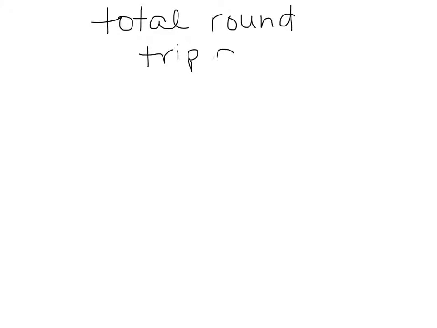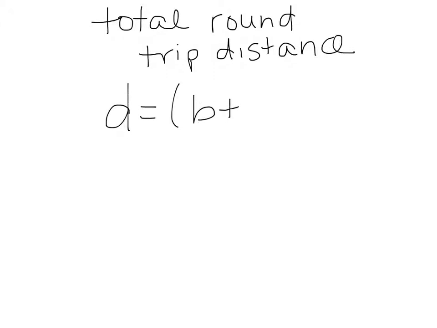But remember, we were asked for her total round trip distance. So we had an equation that said D equals her bike speed plus the 2-mile-an-hour wind times the 6 hours it took her to travel. But now we know that the bike speed is 10.